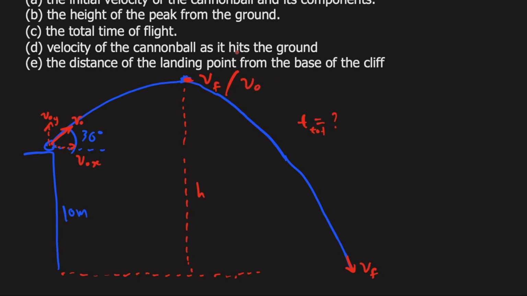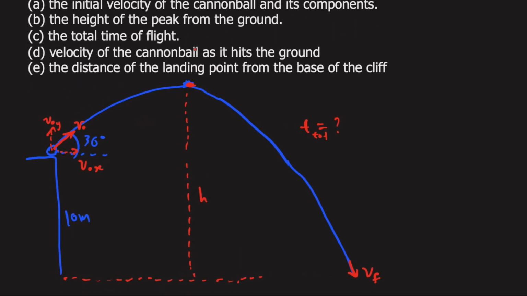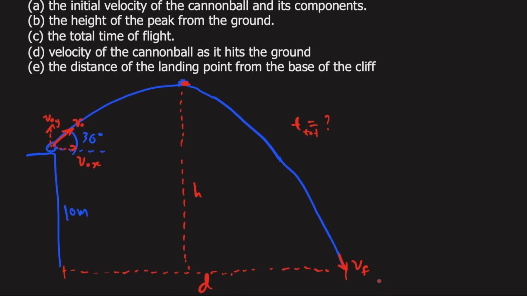So it depends on what we're looking for, but we will go to that later. And of course, lastly, for E, we are asked to look for the distance of the landing point. So this is basically the horizontal distance. So here, this is D, okay? So from this point up to this point. So that's what we're looking for.